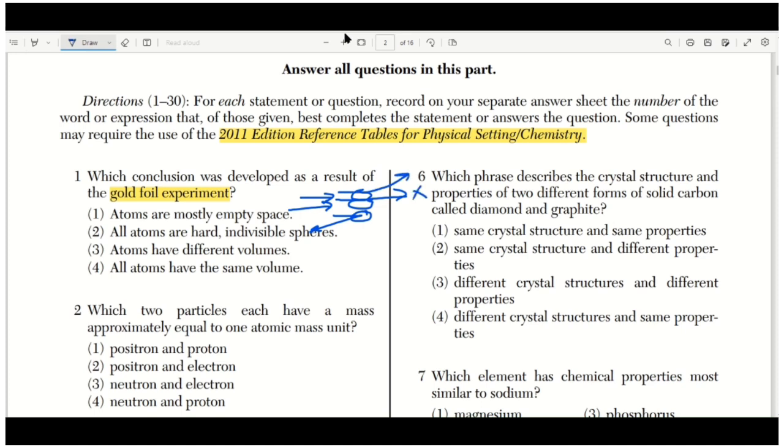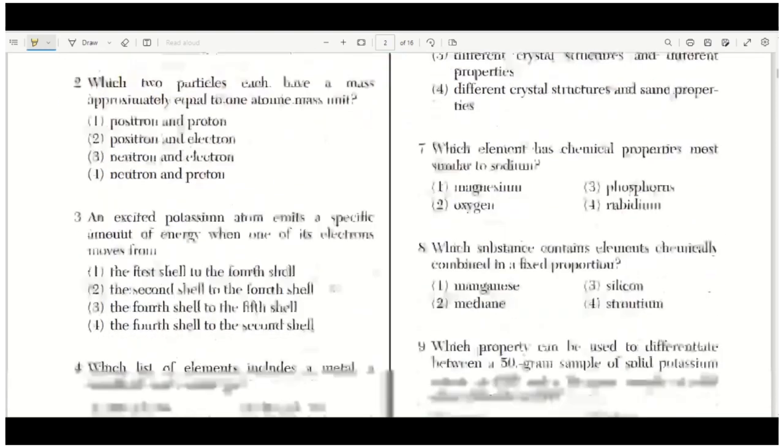But again, most passed directly through. What was that evidence of? That atoms are mostly empty space. It also showed that atoms have a dense, positively charged nucleus. But that is not one of the options here, so the correct option is number 1.